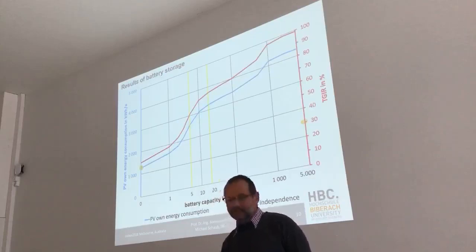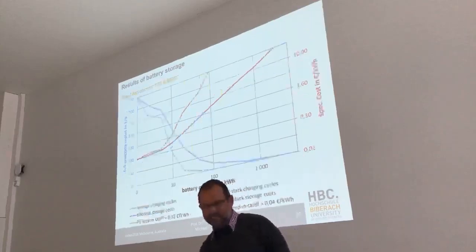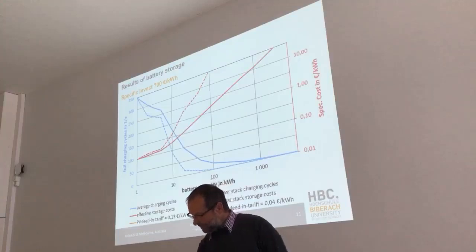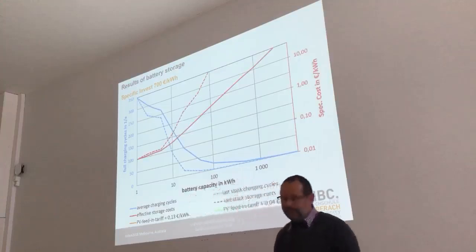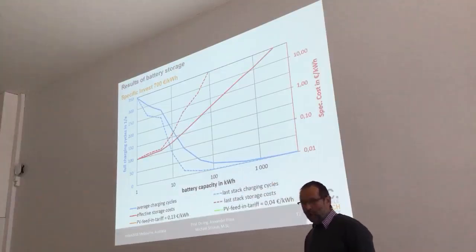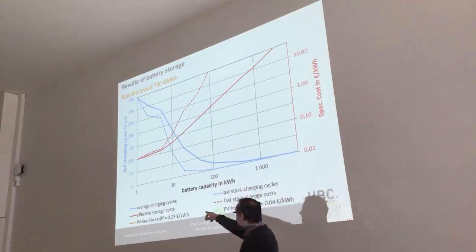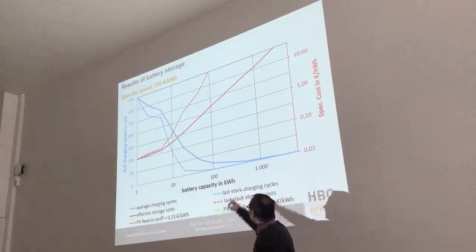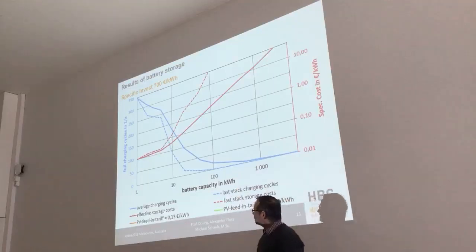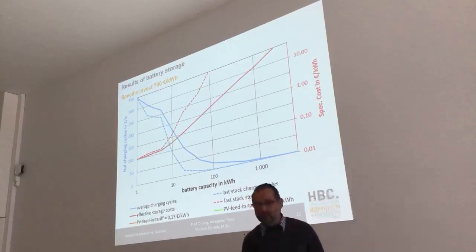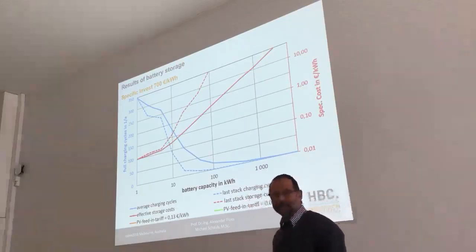The reason can be seen in the next diagram. The reason is the drop of full charging cycles, which are indicated by the blue line here. The blue line indicates the average full charging cycles of the whole battery system.